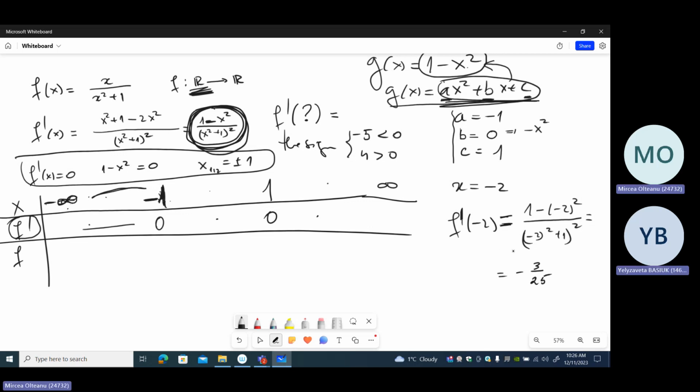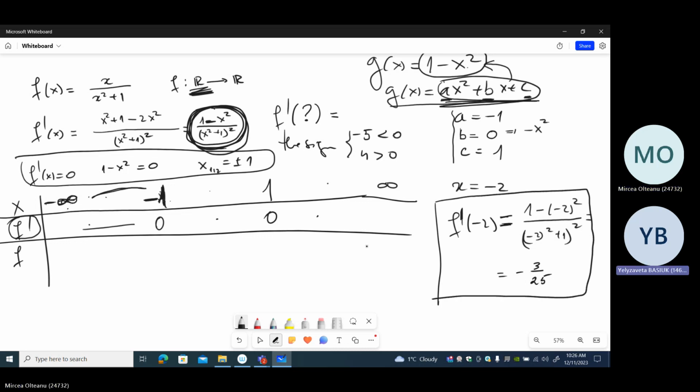What did you get? Will it not be just 0? If we compute the value of f prime at -2, here is my computation. Check if you have the same.